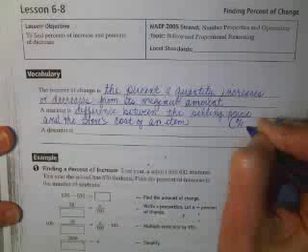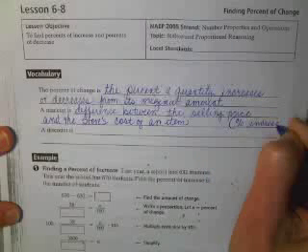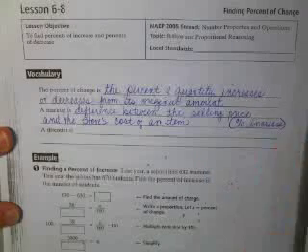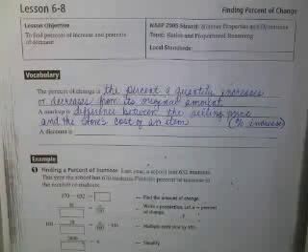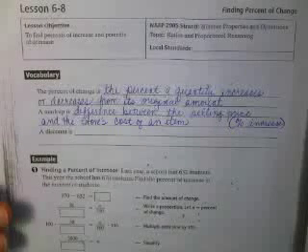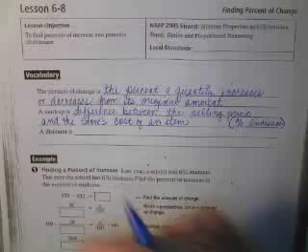Generally, a markup is going to be a percent increase because the store increases the amount they pay for something to what they're going to charge you. That's how they make their money, or one of the ways, or the big way anyway.